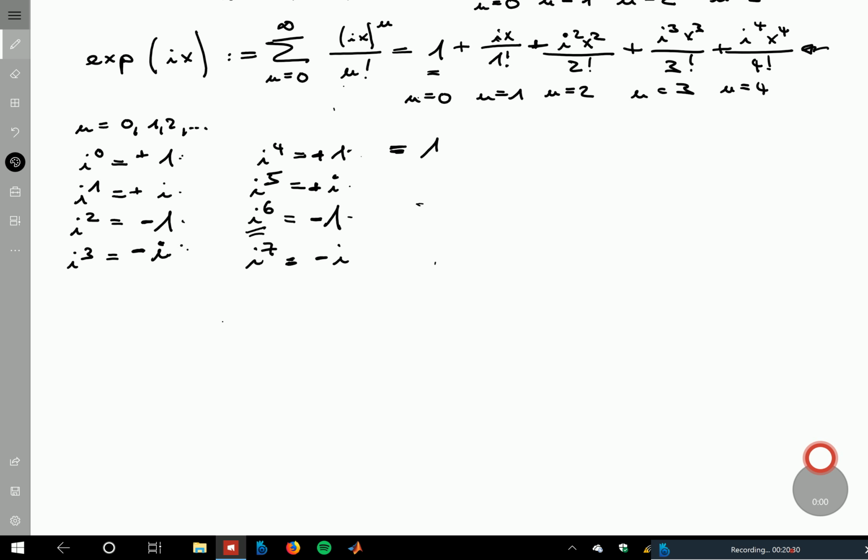So we do 1 plus now our i to the power of 1 is i, so we actually get ix divided by 1. And then our i squared is -1, so we get a negative term, and for this we have x squared divided by 2 factorial. And then for our i^3, we get a -i, so we get again a complex term, but this time with a negative sign.